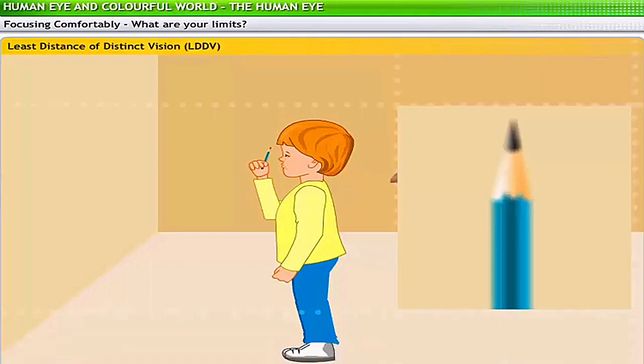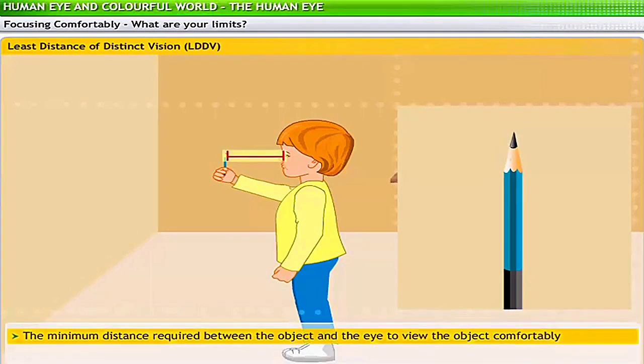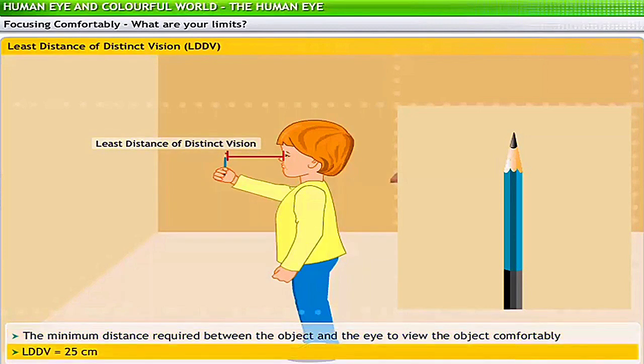This means that to view an object clearly, a minimum distance of the object from the eye should be ensured. This minimum distance required between the object and the eye to view the object comfortably is called the least distance of distinct vision. For a normal healthy eye, the least distance of distinct vision is 25 centimeters.